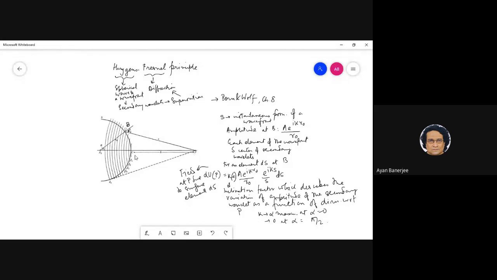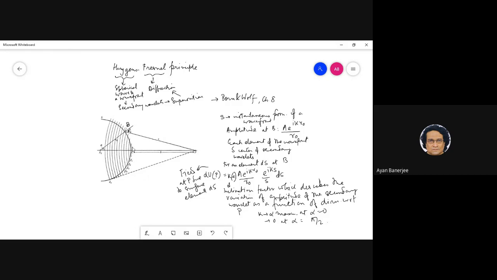And then each subsequent zone differs by lambda by 2. That is the genius. So then you basically find out the field due to each zone.